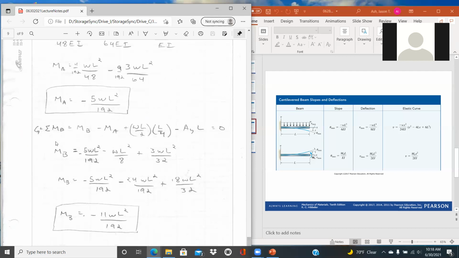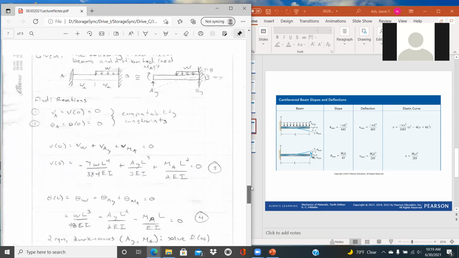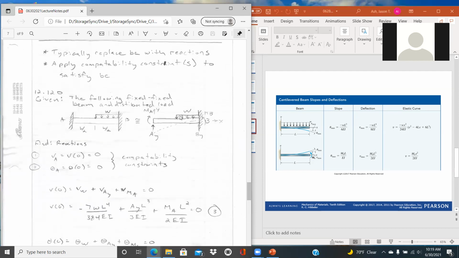And then summing moments about B, the right-hand side, you'd have MB minus MA plus the WL over 2 times L over 4 minus the AY L. Looking at where these terms are coming from, the force coming from this distributed load would be equal to W times L over 2.